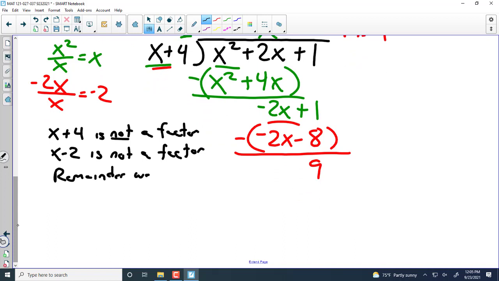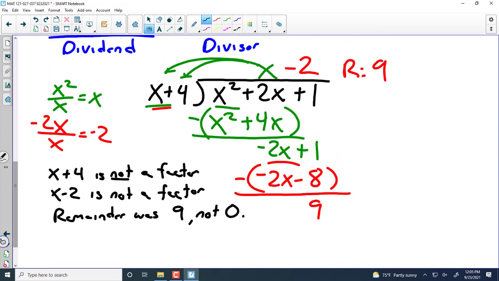Remainder was 9, not 0. You can divide something and find it's not a factor, but that doesn't give you another factor. That's okay. If I divide 10 by 3, I'm going to get 3 remainder 1. Well, neither your quotient, the answer you got, nor what you divided by was a factor. It doesn't mean you did bad math, it just means you didn't learn any factors.